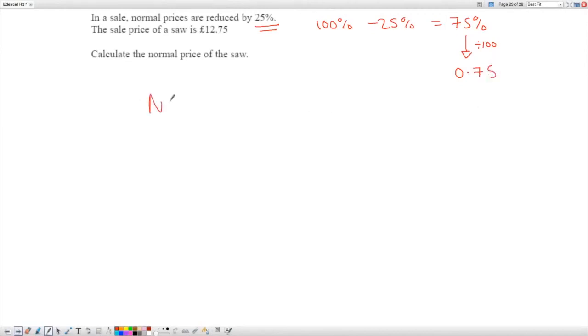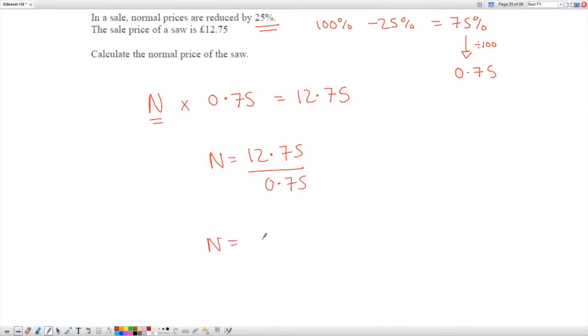So we've got the normal price times by the decreased multiplier, and we're going to get our sale price of £12.75. How do we find the normal? Divide through by 0.75. Rearranging our equation here is going to give our normal price before the sale, which should be more, which comes out at £17. So the normal price was £17.